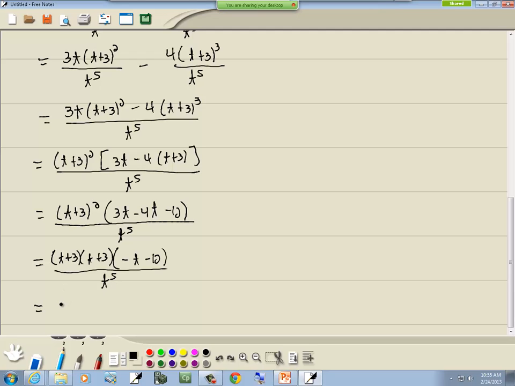T times t is t squared. T times 3 is 3t. 3 times t is 3t. 3 times 3 is 9. Negative t minus 12 over t to the fifth. And let me write this down because I need to continue it up above.